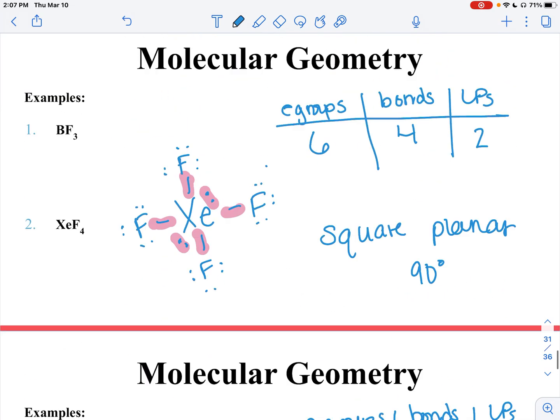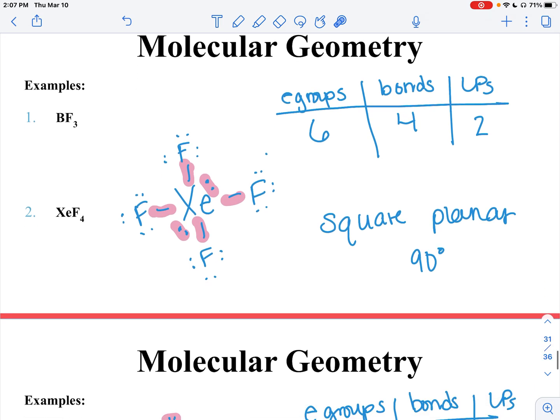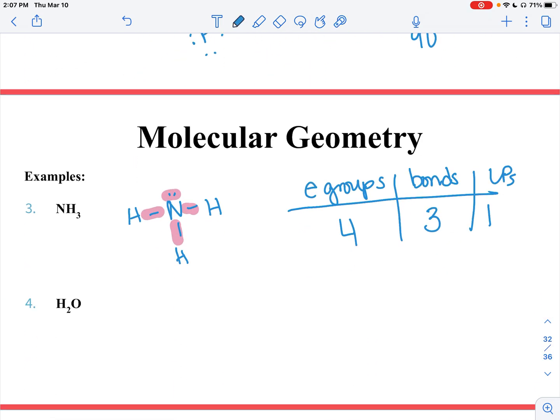So if you use the chart, 4, 3, 1, trigonal pyramidal. And again, we'll have an activity in class where you can see those shapes. If you missed class for that day, feel free to Google the shapes and I'm sure you can find plenty of drawings of them.